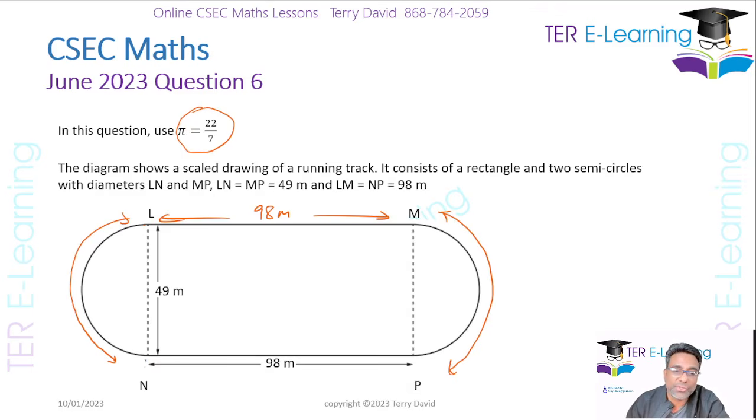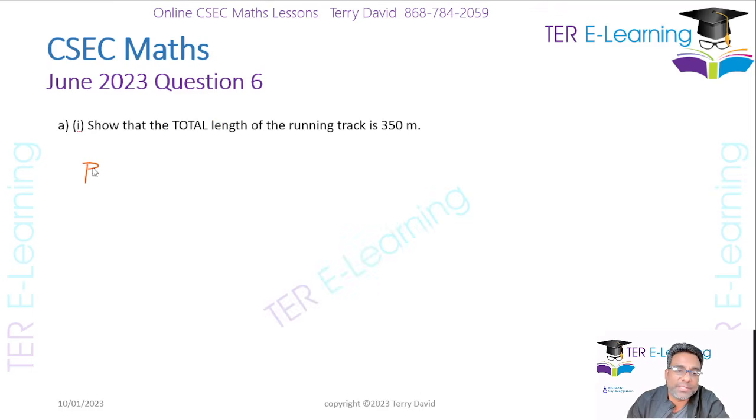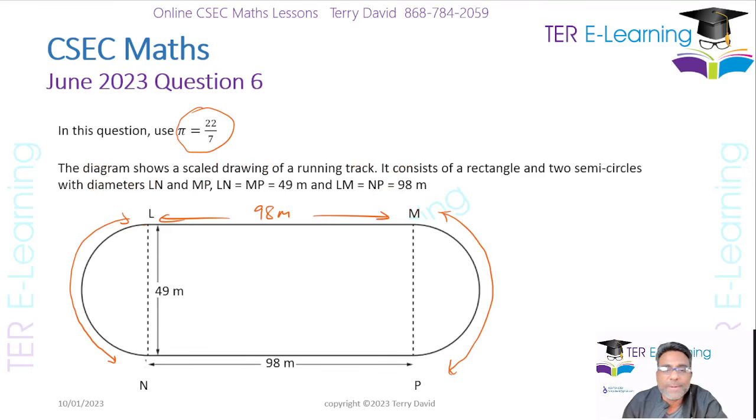So let's find the perimeter, or the circumference, of a circle. The circumference of a circle is given by 2 pi r. So it's going to be 2 multiplied by 22 over 7 multiplied by the radius. Now let's go back to this thing here. Let me double check, is it 49? 49, yeah.